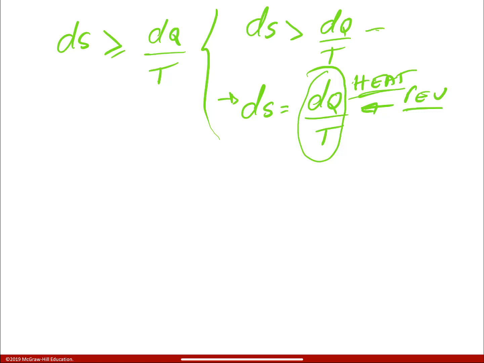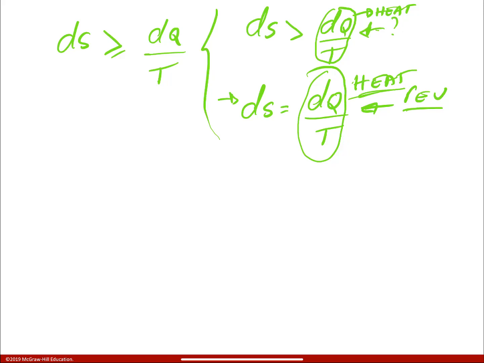This one is something that I don't know. How will dS be equal to dQ over T? We know that dQ over T is pretty much what is due to heat exchange. But I'm telling you that dS, the change in entropy, will be more than that.